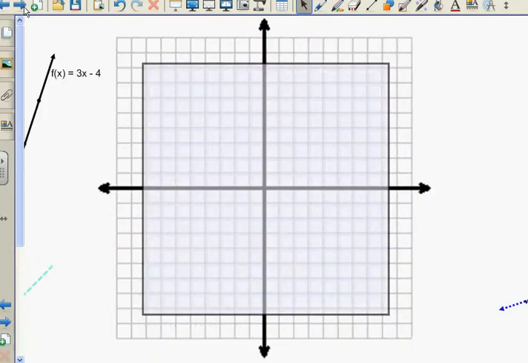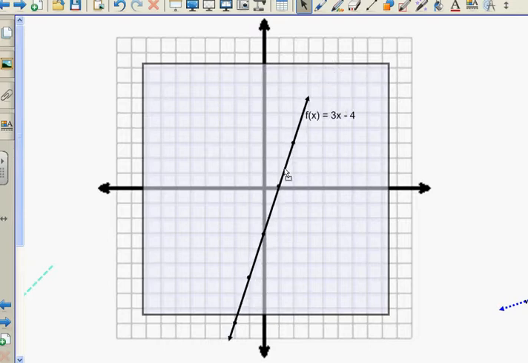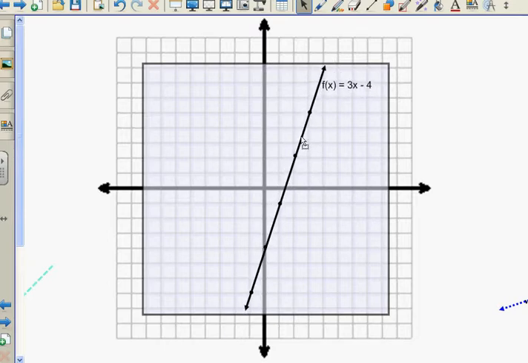The function I wanted you to graph on the patty paper was y equals 3x minus 4. So let me put my y-intercept at negative 4. I had you draw that on the patty paper with your pencil. Then I had you take your patty paper off and fold it in half over the line y equals x.